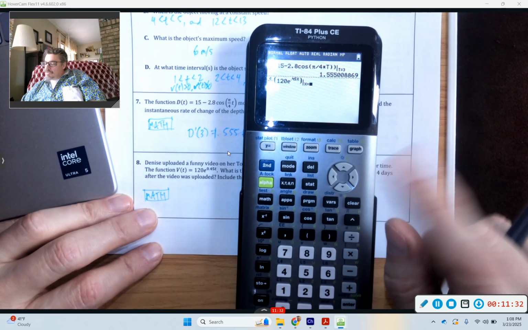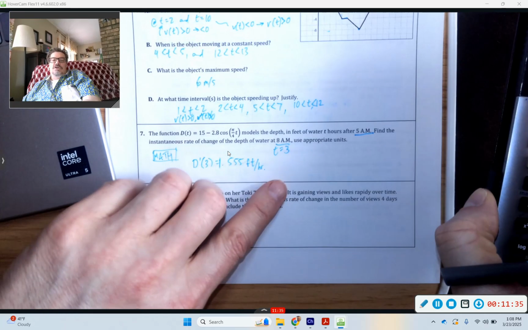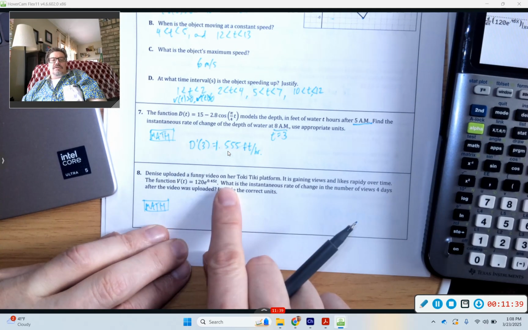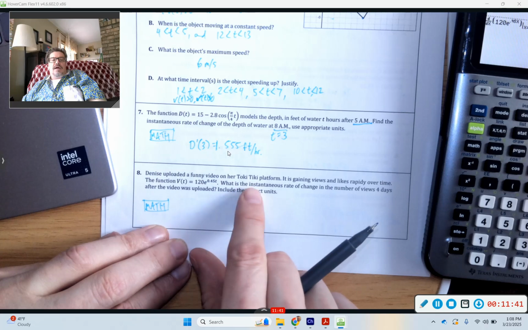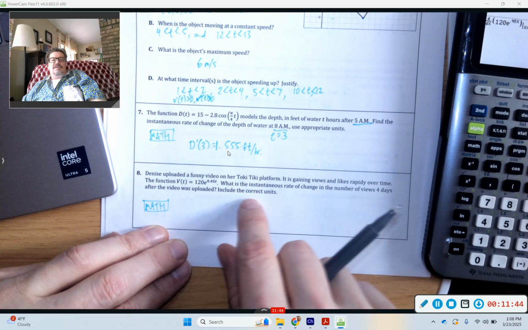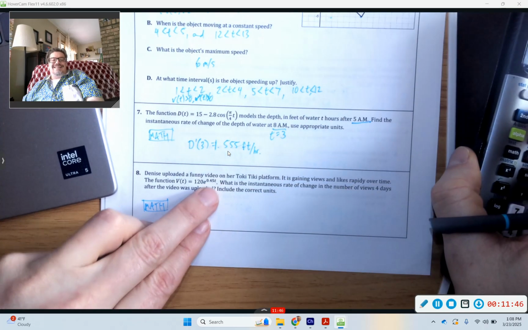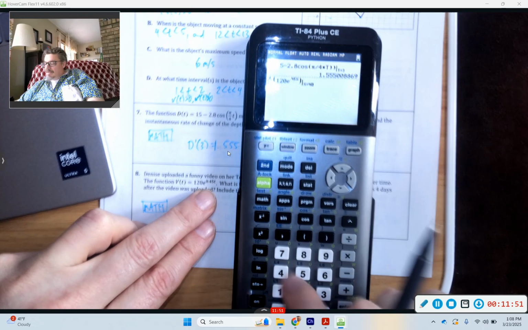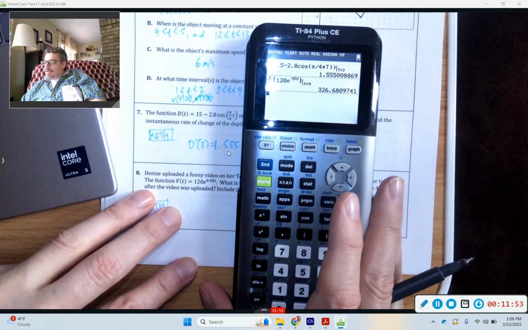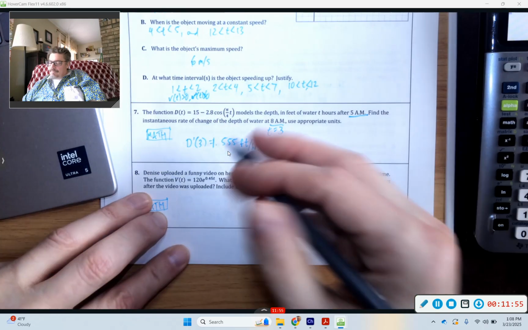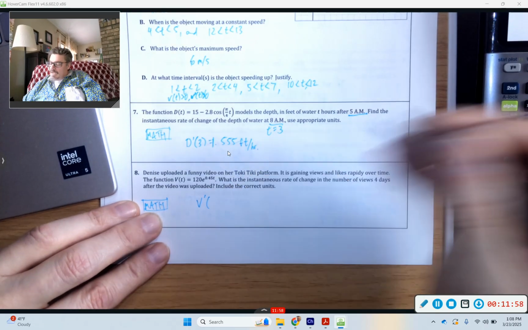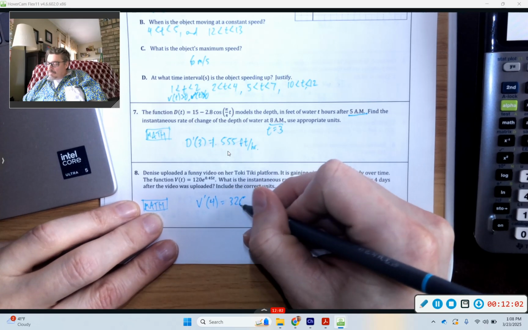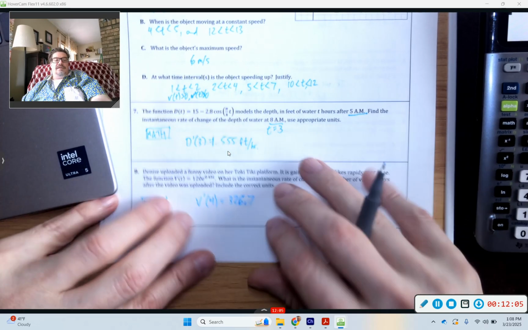All right. So we want to find it at 4 days. So let's just make sure the function is gaining views and likes rapidly over time. 4 days after video is uploaded. Okay, so it doesn't say that this function is in days, but let's assume that it is. So we're going to say 4 days, and we got 326.7. 326.7 what?